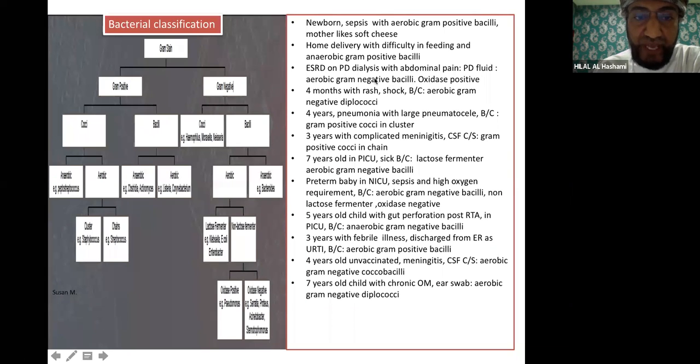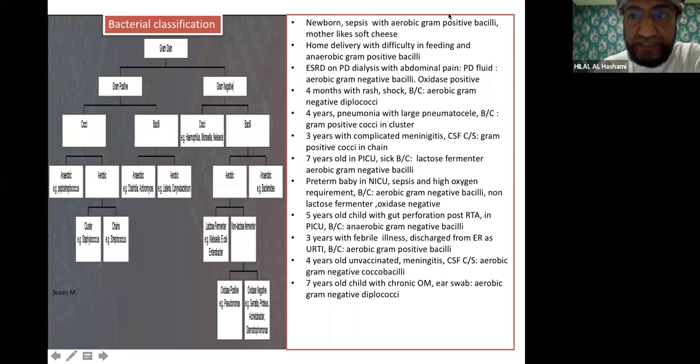So I tried to give a scenario for each of the possible organisms. Here we'll go through them slowly. For example, you have a newborn baby with sepsis with aerobic gram-positive bacilli. The mother liked to eat soft cheese during her pregnancy.